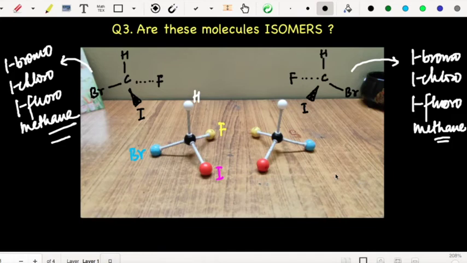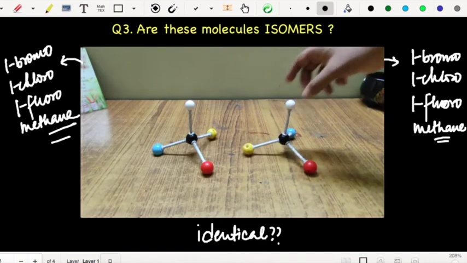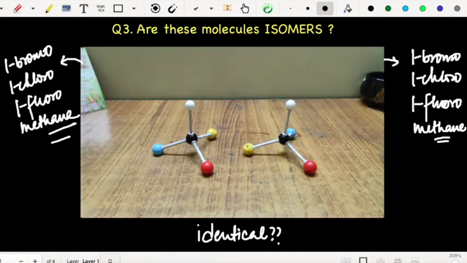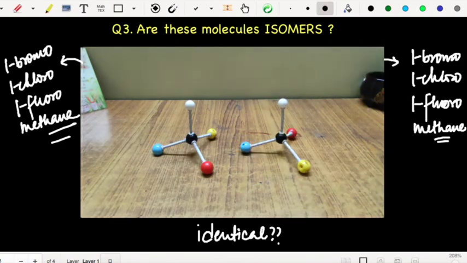Okay, so are they identical molecules? Let us see. Let us try rotating the molecule on my right. However I keep rotating the molecule, we can see that these two molecules never really coincide, right? The molecule on my right does not actually resemble the molecule on my left.